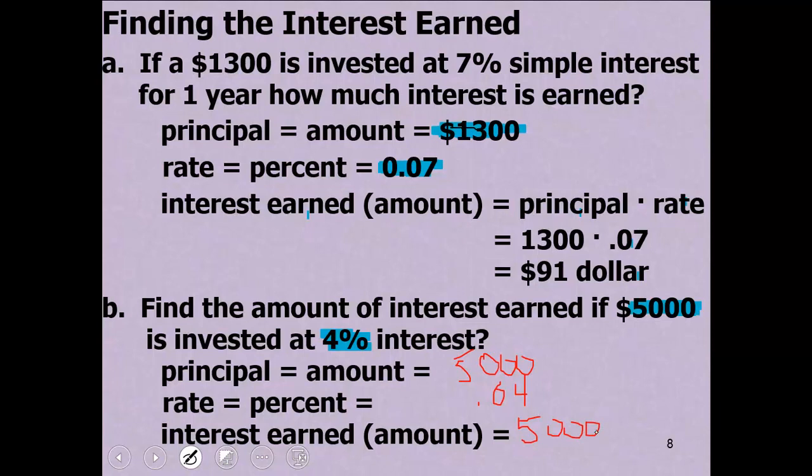Interest earned is principal times rate. And I get 5,000 times 0.04, and I get $200. That's how much I earn in a year. Simple interest.